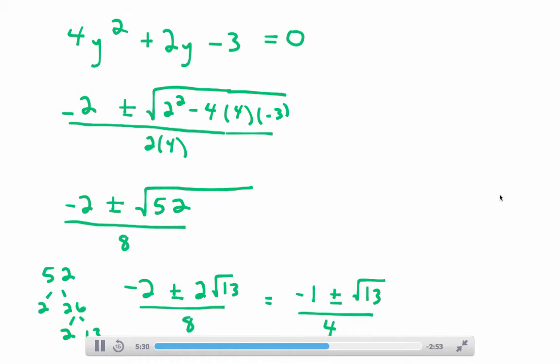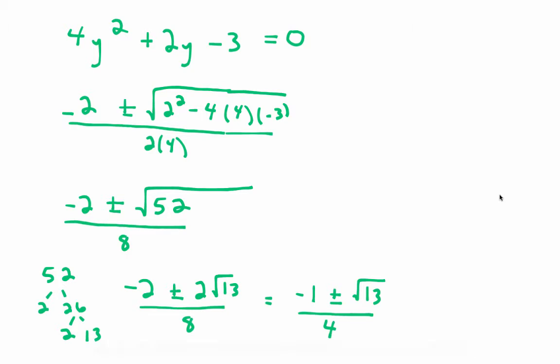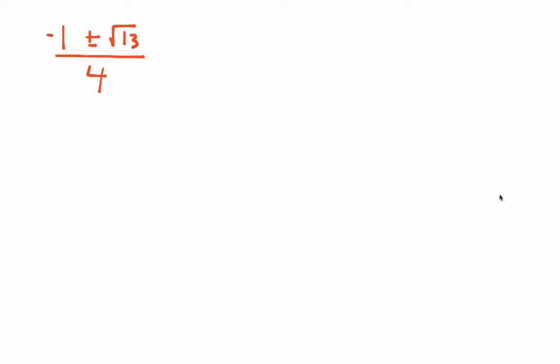Now this, I need to set it back equal to my cosine x. And I need to break it up. Okay, let's set it up. Negative 1 plus square root of 13 over 4 equals cosine of x.